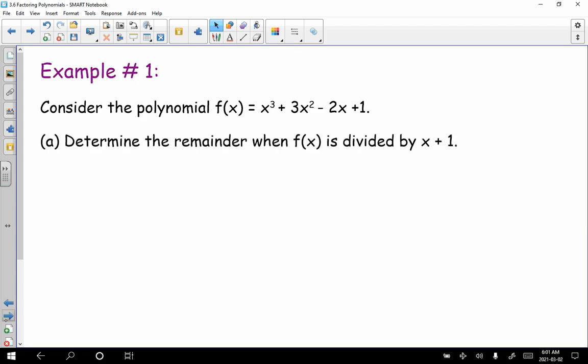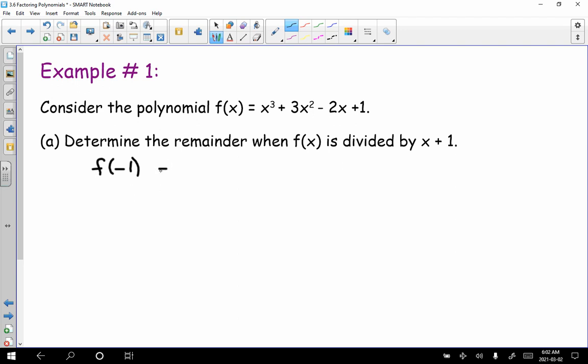So let's consider the polynomial f of x equals x cubed plus 3x squared minus 2x plus 1. In part A, we are asked to determine the remainder when f of x is divided by x plus 1. So we know now that the remainder will be f of minus 1. So we need to find f of minus 1.